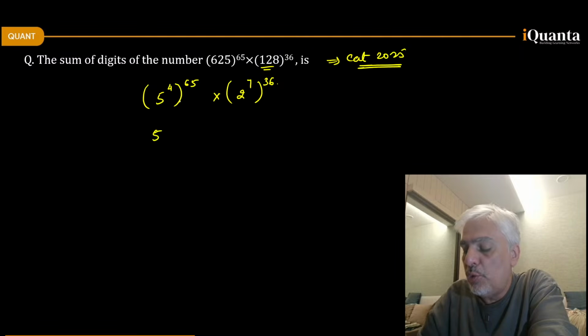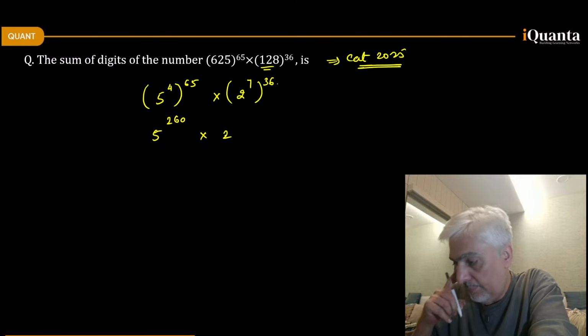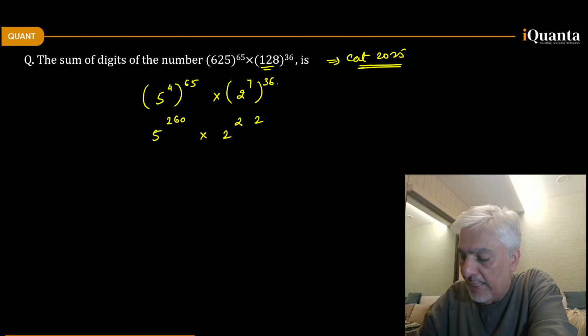So 5 raised to 260. 7 sixes are 42, 252, sorry.